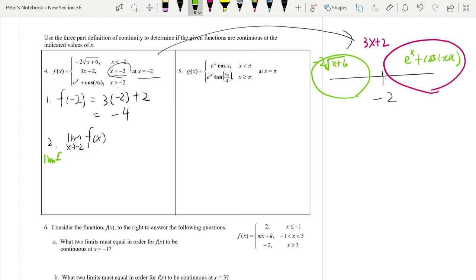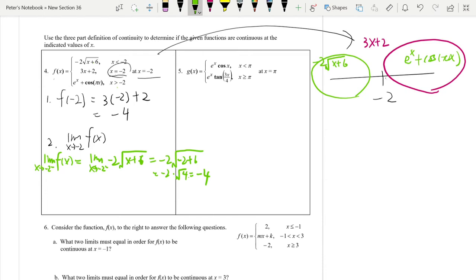Limit of f of x as x approaches negative 2 from the left-hand side. We follow that rule, so the limit of negative 2 times square root of x plus 6 as x approaches negative 2 from the left. Then you do a direct substitution: negative 2 times square root of negative 2 plus 6, so negative 2 times square root of 4. Square root of 4 is 2, so we get negative 4.